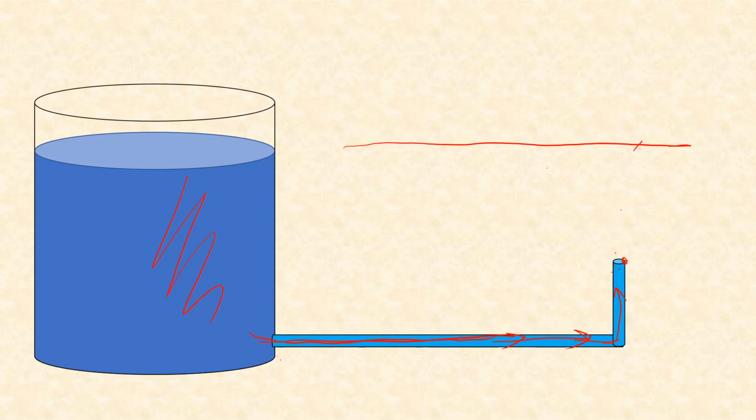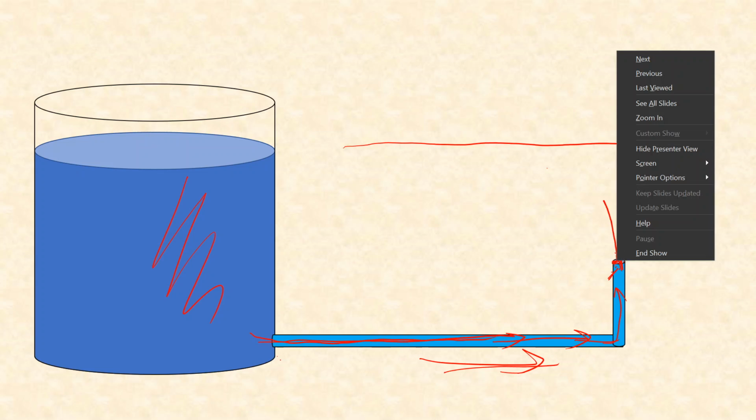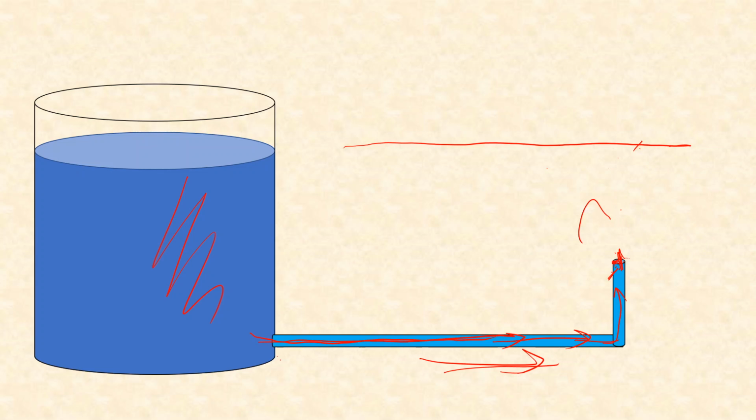And if you again open it, suppose halfway, then the velocity will increase, and as velocity increases, the pressure also decreases, and that means at this point less pressure will be available to push the water upwards. If you completely open it, then it will only flow up to this much height.